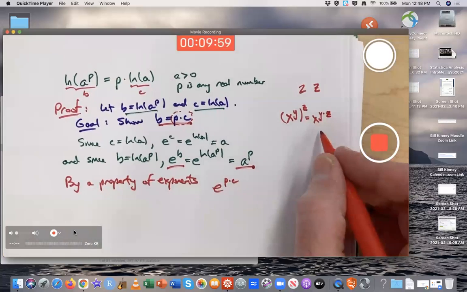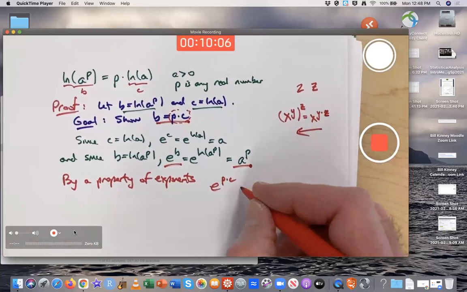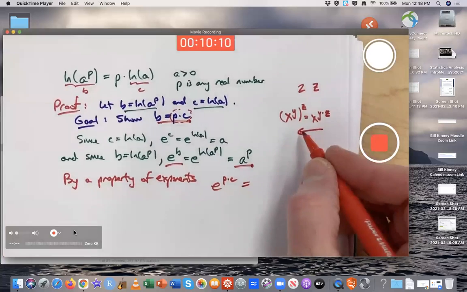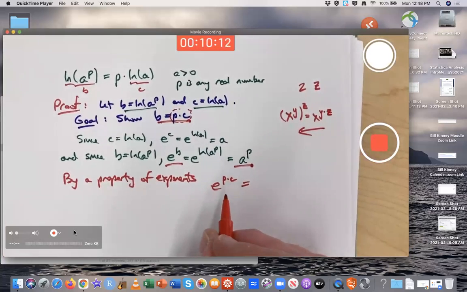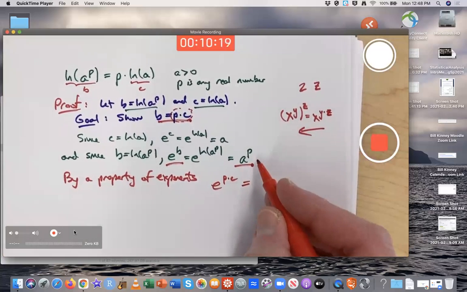I'm going to use this property from right to left. It is a little tricky. Should p be y and c be z, or should it be the other way around? What would be better if I want to get this answer out?